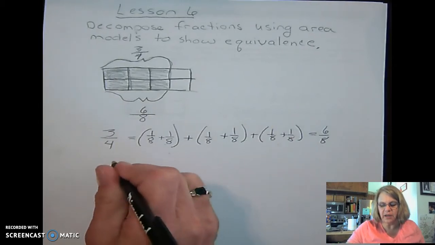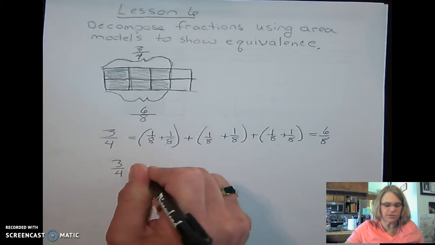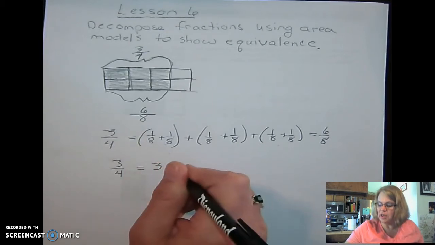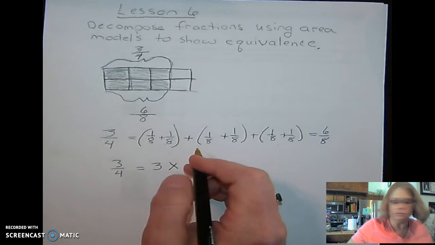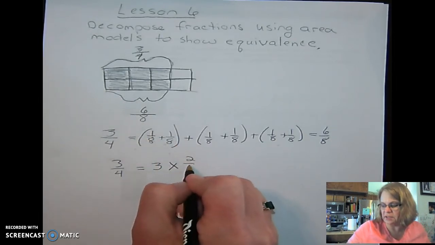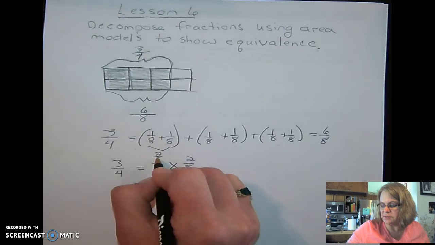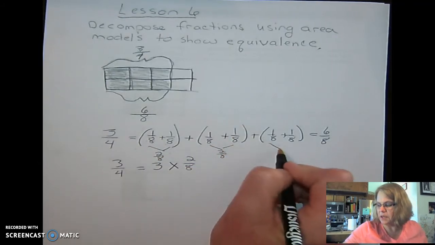Another way that I can write this, there's 3 of these, right? So I could write 3/4 equals 3 times, what is this together? 2/8. So this is 2/8, and we have 3 of them, 2/8 and 2/8.